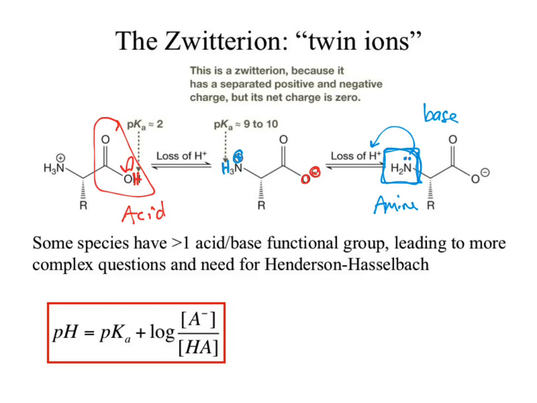That's a much stronger attractive force than, say, if I was in the neutral state and I have hydrogen bonding. Remember all those intermolecular forces from the first unit? Yeah, those are dictated largely by these charges. So this is why when we think about biological systems, what pH do they tend to exist at?